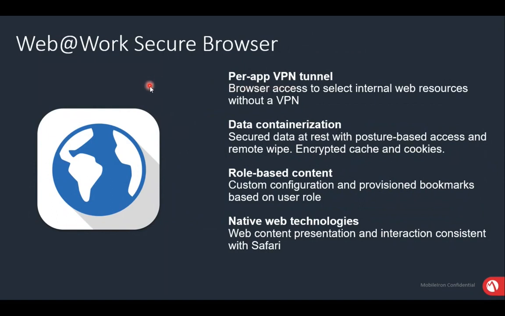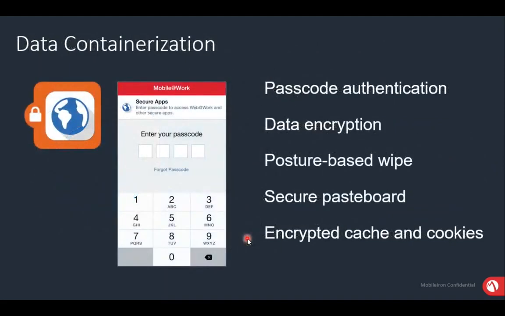For example, if you have multiple applications which require a different set of network configuration, we can push multiple VPN configurations to Web at Work, one for each application. And you have data containerization, and you have role-based content, so based on the role or the LDAP group you can push the configurations, and you have native web technologies. You can also have a secure passcode for opening Web at Work.